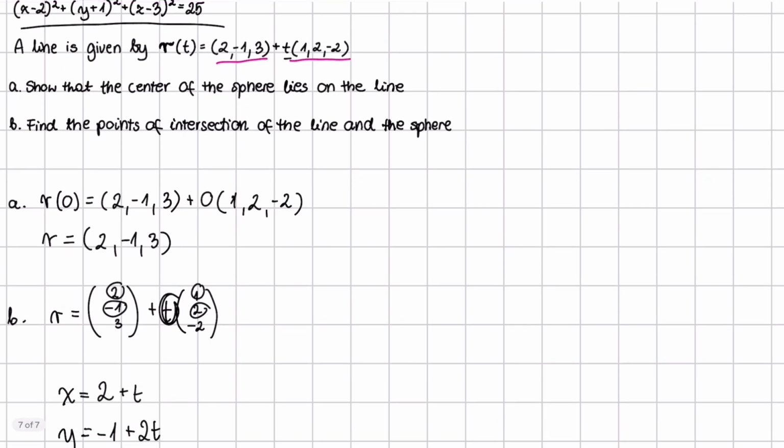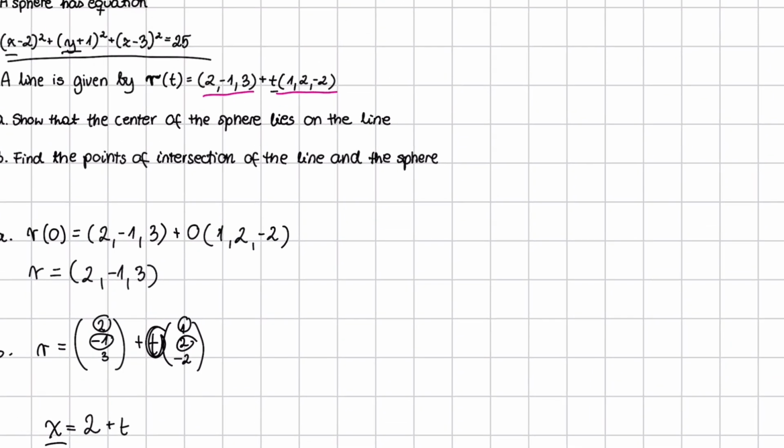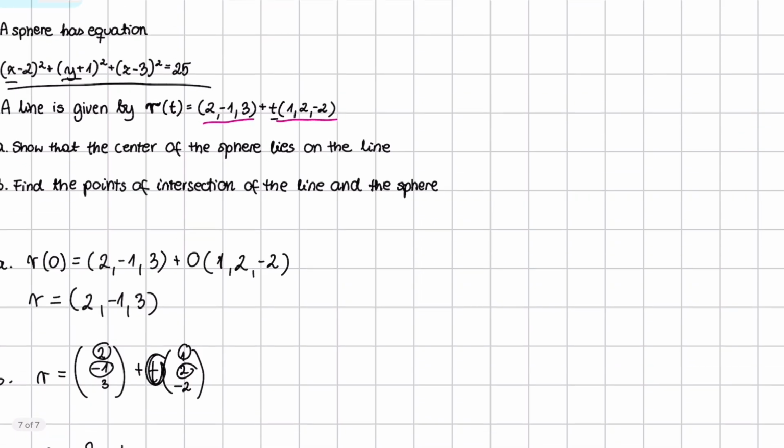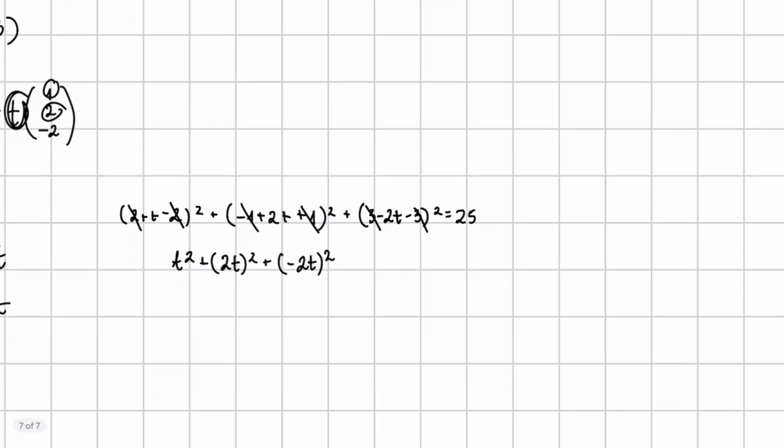So we have x, so in here we have y, so here, and z here. So this is the equation with substituted values, and as you can see, many values cancel out here, here, and here. So we're left with t squared plus 2t squared plus minus 2t squared, and it equals 25.